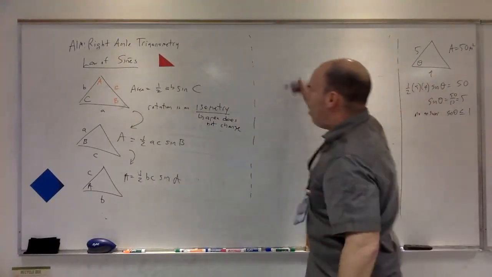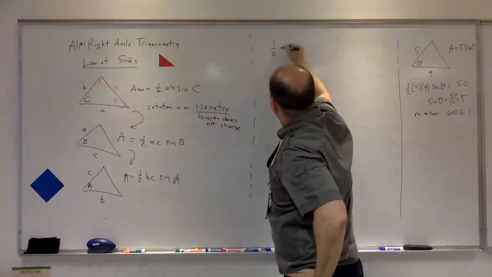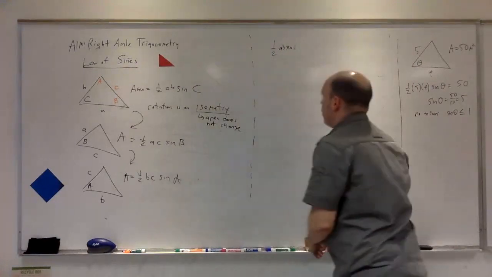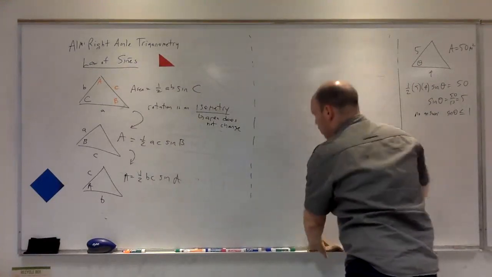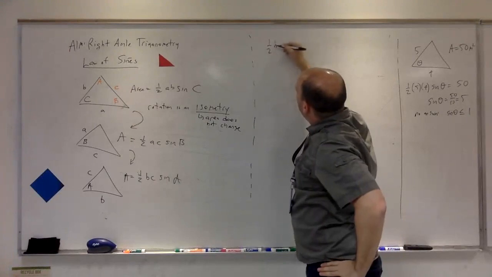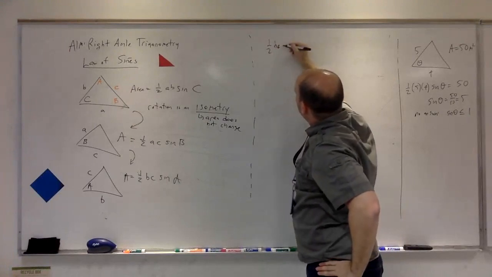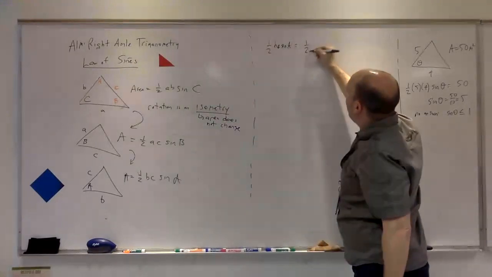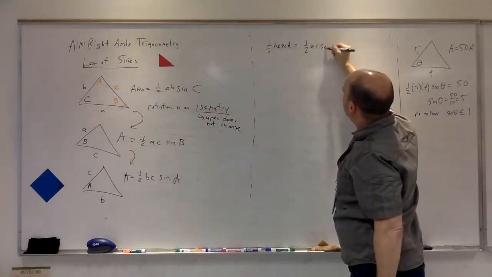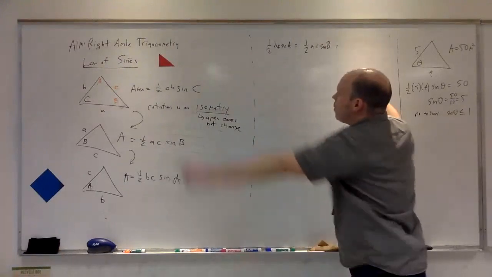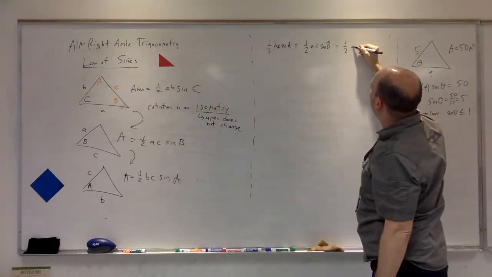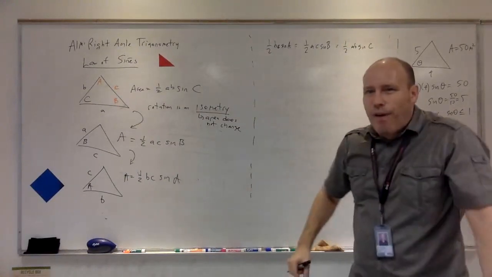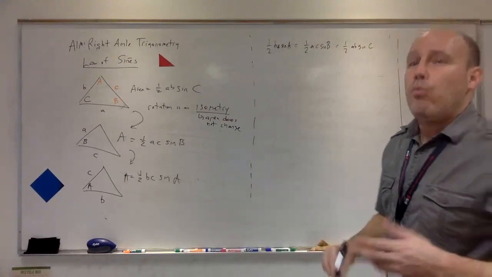So let's write this out. 1/2 BC sine of A is equal to 1/2 AC sine of B, which is equal to 1/2 AB sine of C. Now, how can I simplify these three equations that are all equal to each other?